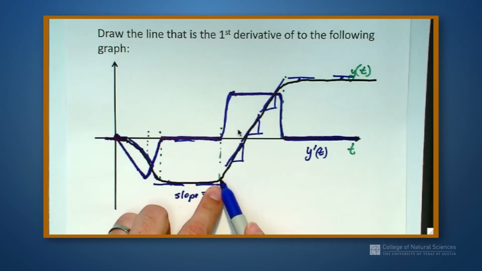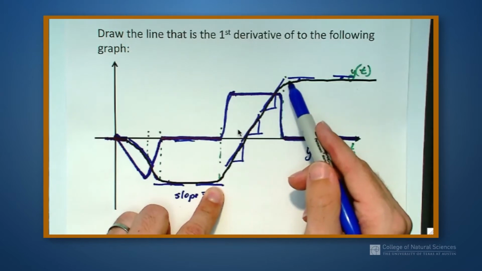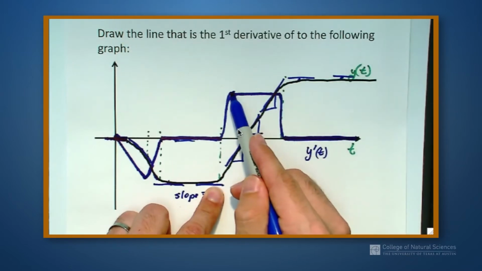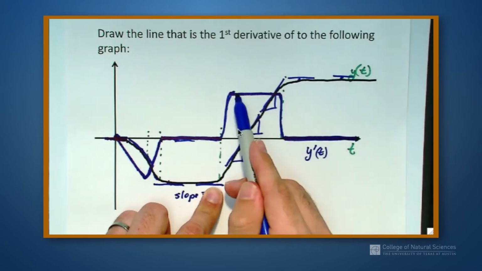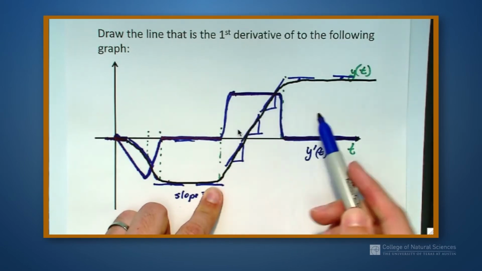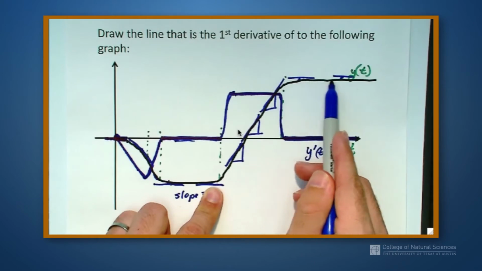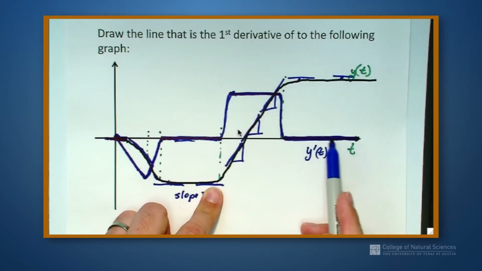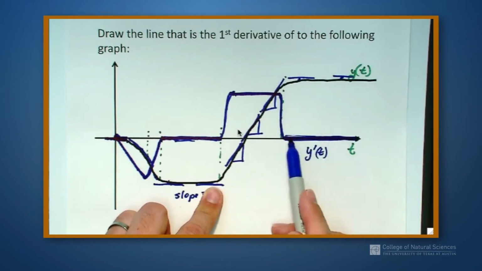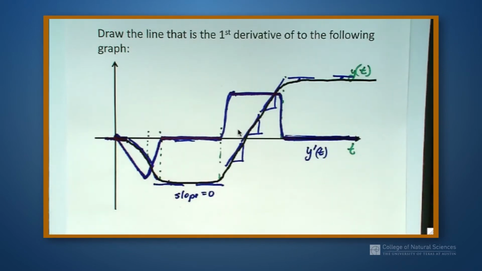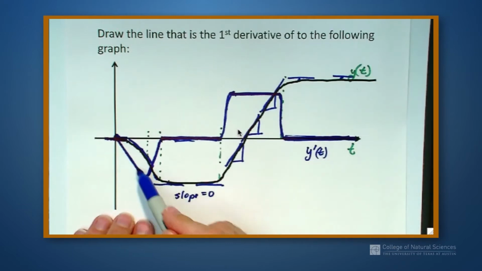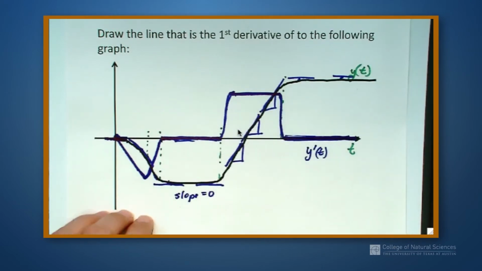At this point, we start to move towards the positive direction, which means we have a positive velocity. We're moving at a constant rate because this is a constant slope, so we get a constant velocity until we hit this last point where we slow down to 0 velocity, and sit at this point again. So this is what the derivative, the blue, is: the derivative of our graph.